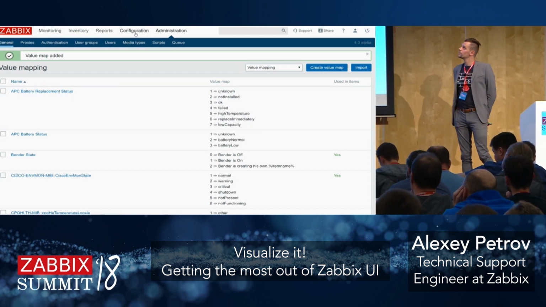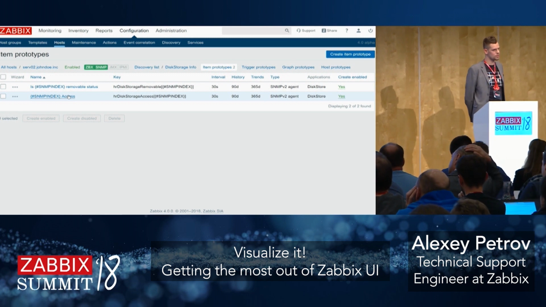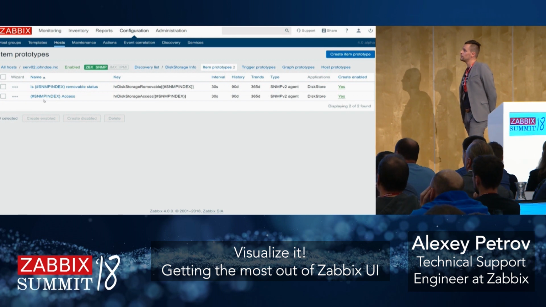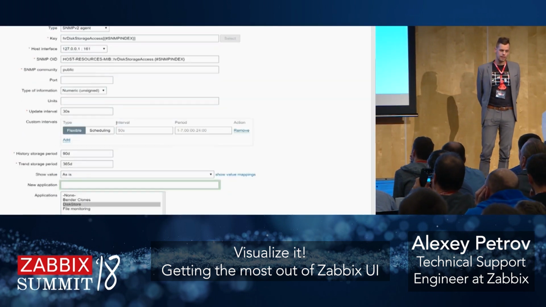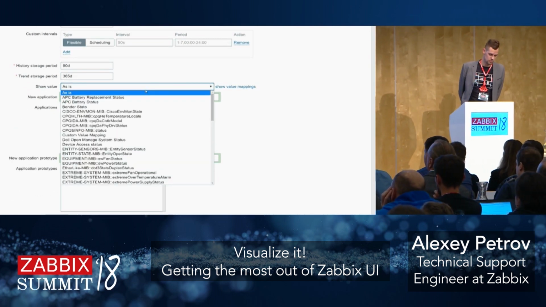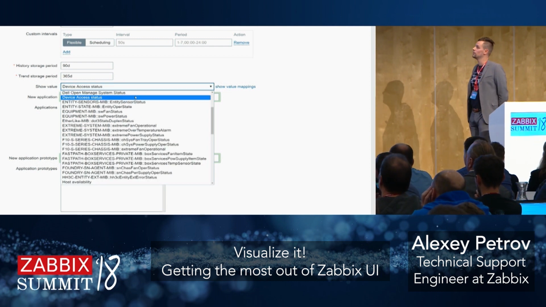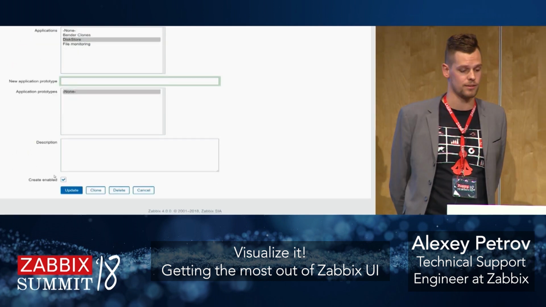Once it's saved, go to Configuration, to your host or your template, open your item, navigate to the end of the page, and use Show value, and instead of As is, select your created rule, like device access status.